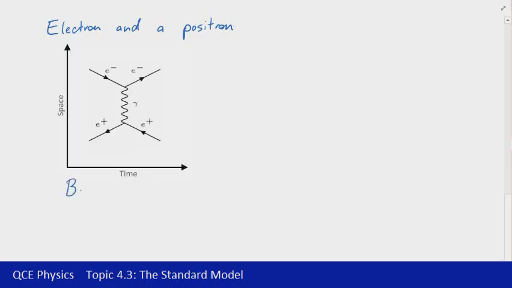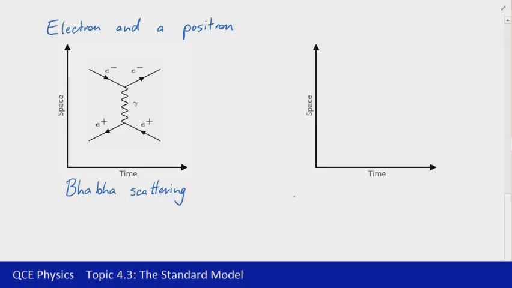The second example is an electron and a positron. And as we saw in the example earlier, we had Bhabha scattering, so I'll just reproduce that again here. And we also have another interaction that can be represented for an electron and positron.